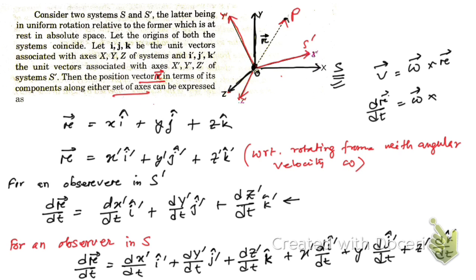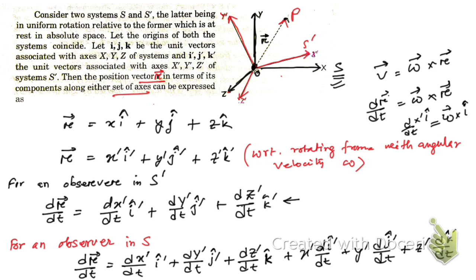Omega cross r. If you consider the x component, that is x dash i cap, in that case you can write omega cross, here we can write i cross, if you consider the x component only, right? Hope you have understood this.